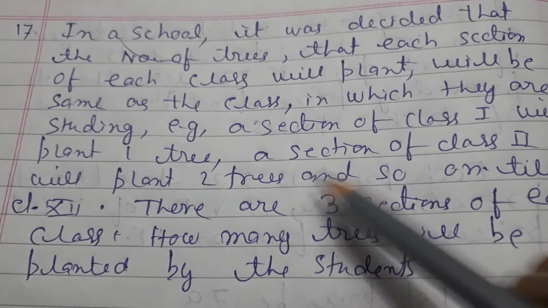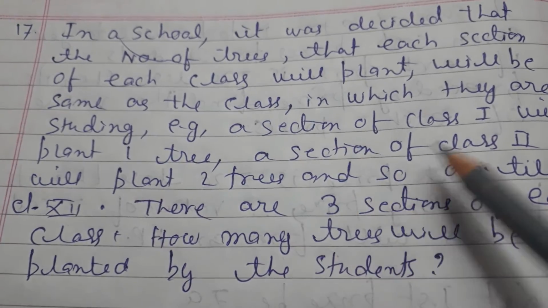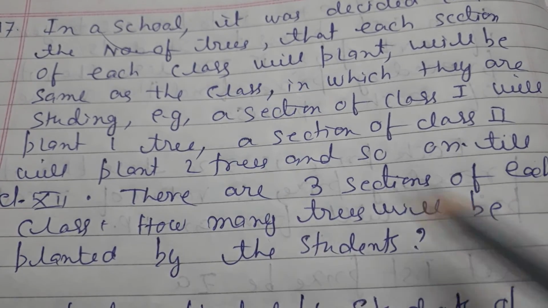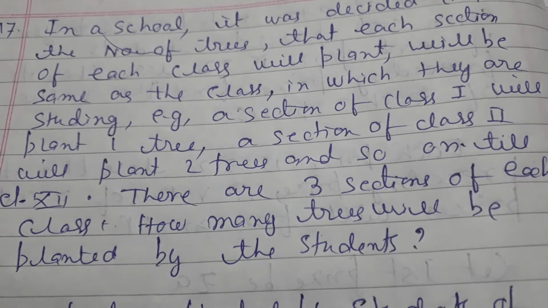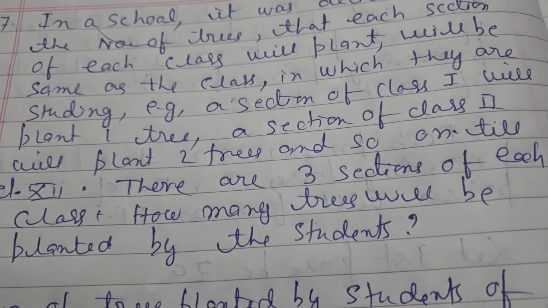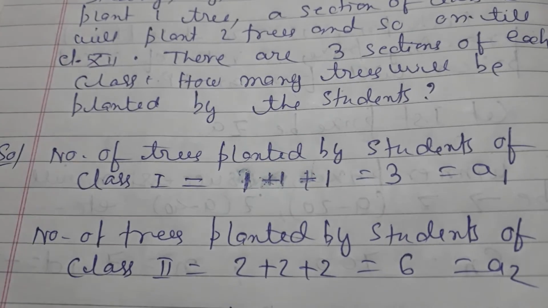That is, a section of class 1 will plant 1 tree, a section of class 2 will plant 2 trees, and so on till class 12.